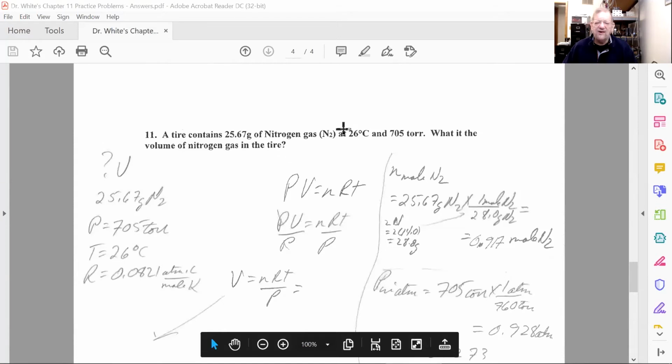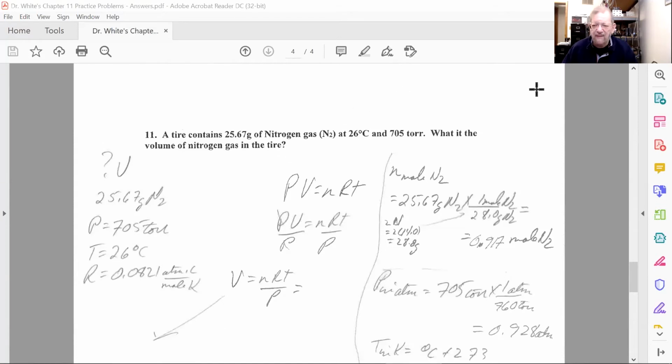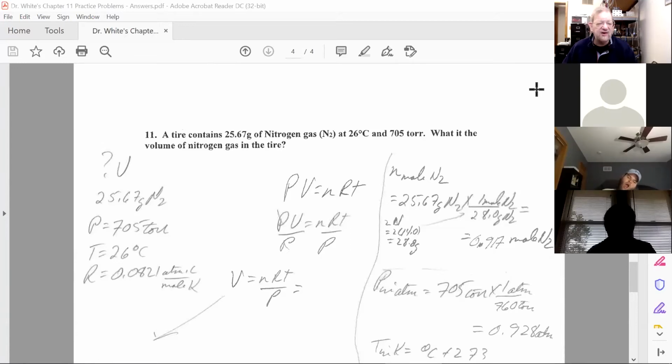All right, let's look at number 11. What I'd like you to do is read the problem, find out what you are being asked to calculate, what you are given, and then just solve for the variable you're trying to solve using the formula you should use. Hint, ideal gas law.